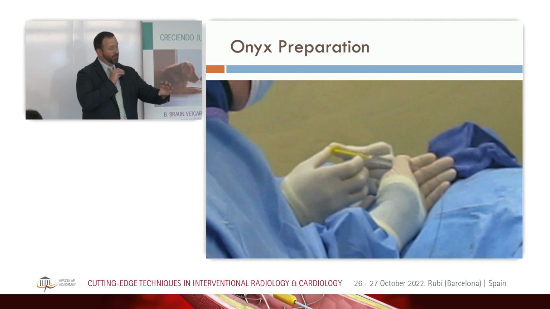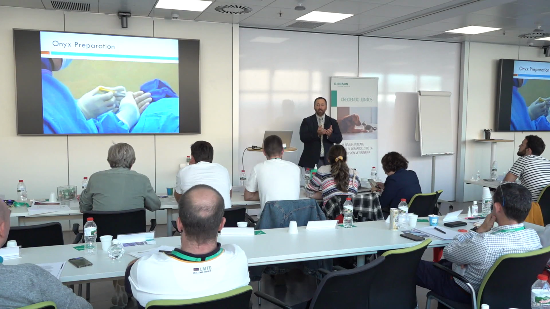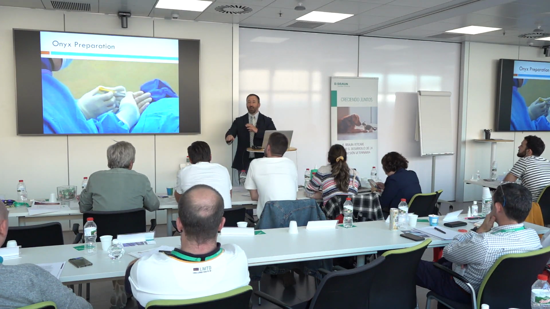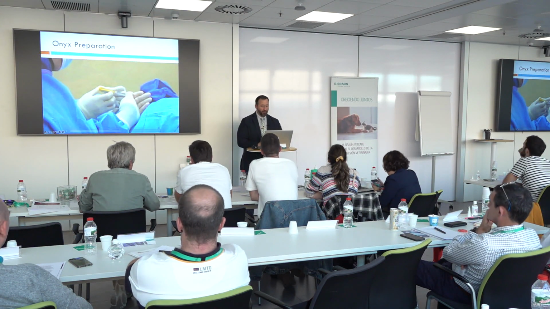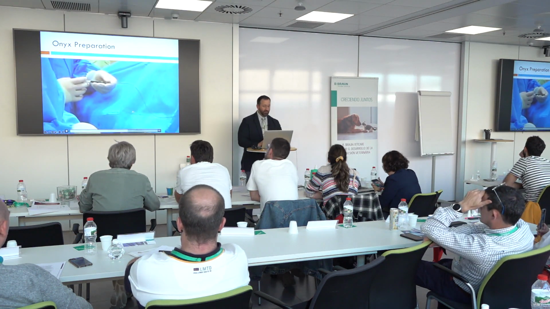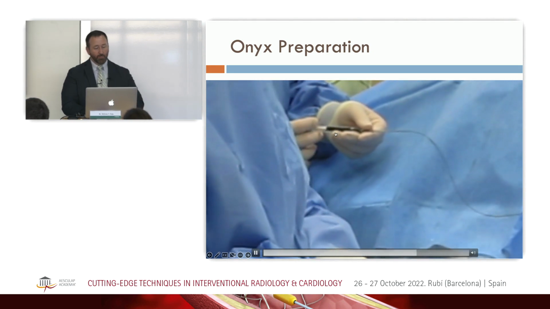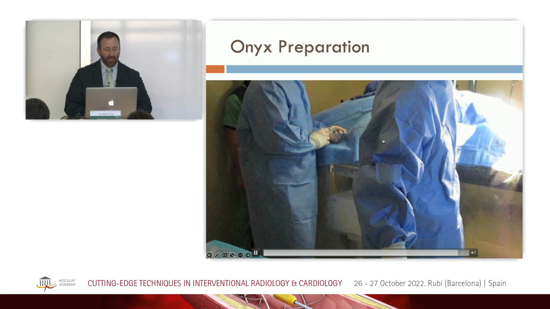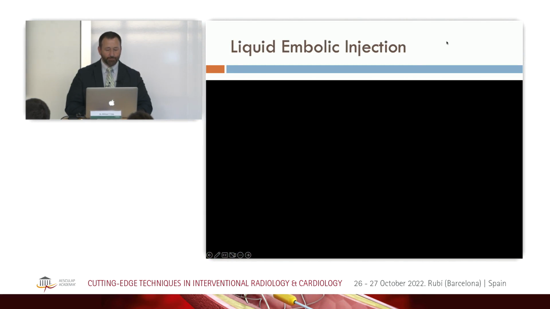As the edges are solidifying, the internal component is kept from solidifying. So as long as you're pushing, it's not going to stop, and you can keep filling from that point. This is just the injection, continuously putting pressure in, nice and slow. We're basically just injecting as we're watching the fluoro.